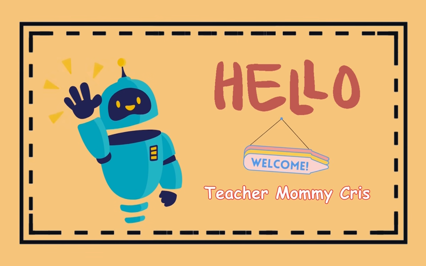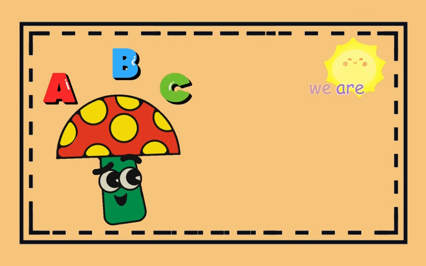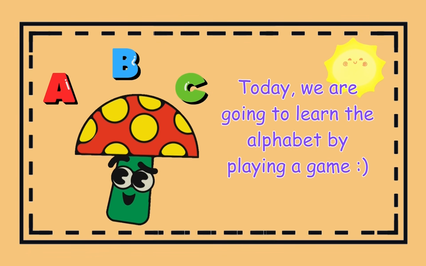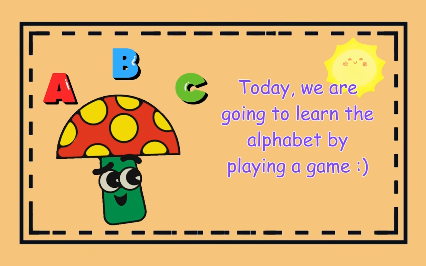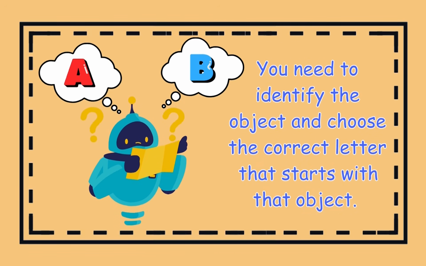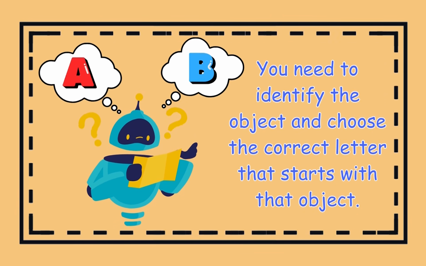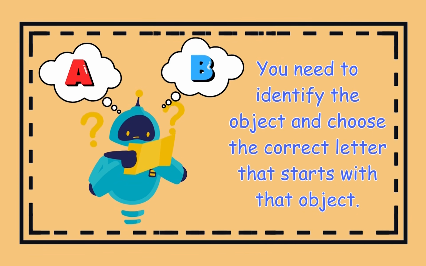Hello, children. Welcome to Teacher Mommy Chris channel. Today, we are going to learn the alphabet by playing a game. You need to identify the object and choose the correct letter that starts with that object.